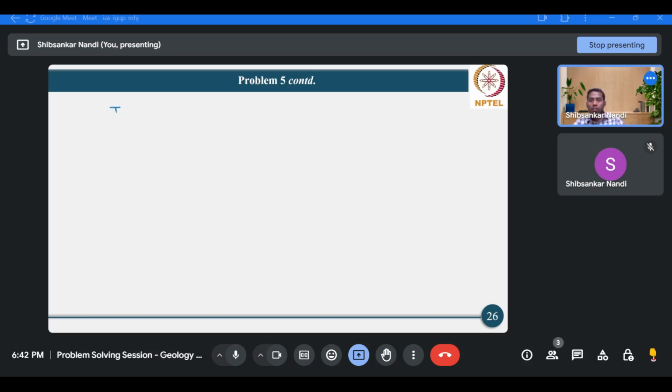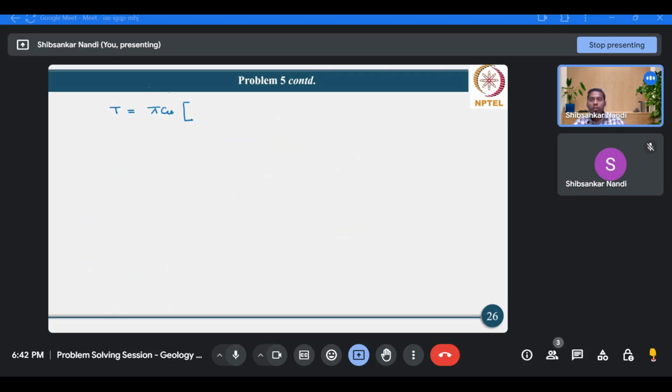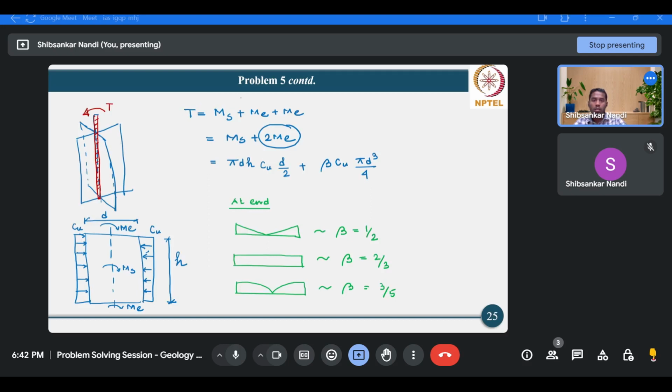So T will be pi cu times d square h by 2 plus beta d cube by 4.